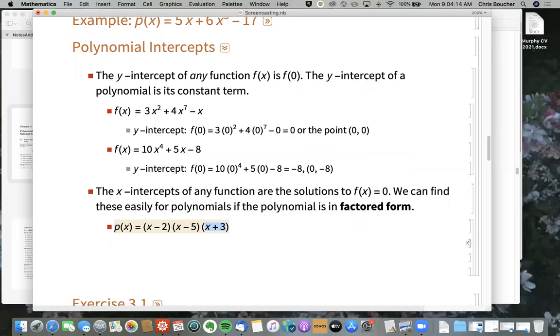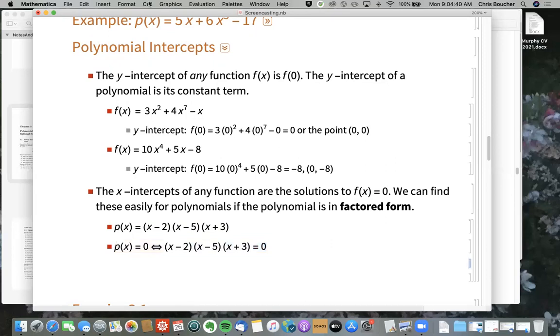So if the polynomial is in this form, then the equation f(x) = 0 becomes not too hard to solve. So I have this equation. And the reason this is not too hard to solve is the left-hand side is a product, and a product is 0 only if one of the factors is 0. If you multiply two things and get 0, one of the things you're multiplying must be 0. That's the only way that can happen.